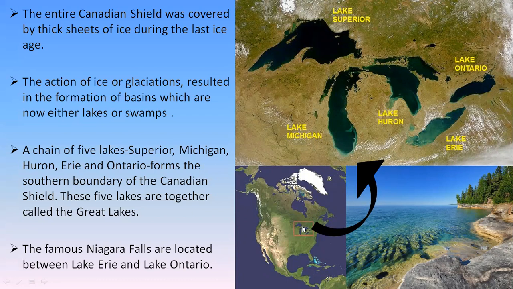A chain of 5 lakes. Here you can find the red color box, and enlarging the box over here, this is a chain of 5 lakes. On the south side of the Canadian Shield, you will find the chain of 5 lakes: Lake Superior, Michigan, Huron, Lake Ontario, and Lake Erie.